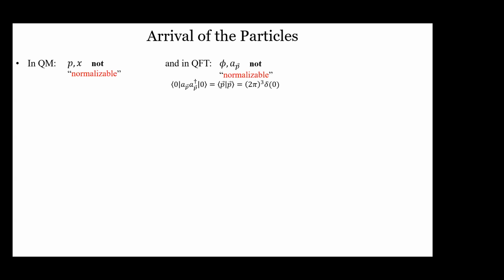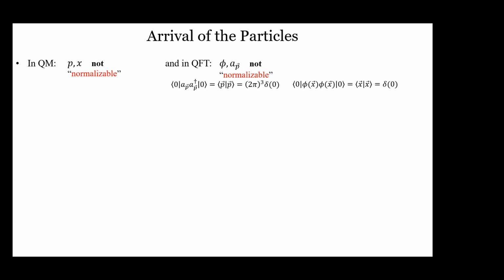All right. So basically, you have |0>. You act with the A dagger on |0>, you get a new state |P>, and then <P|P> normalizes to the delta function. And if you're talking about scalar phi, then phi sandwiched in between two ground states gives you <x|x>, and this gives you delta of 0.